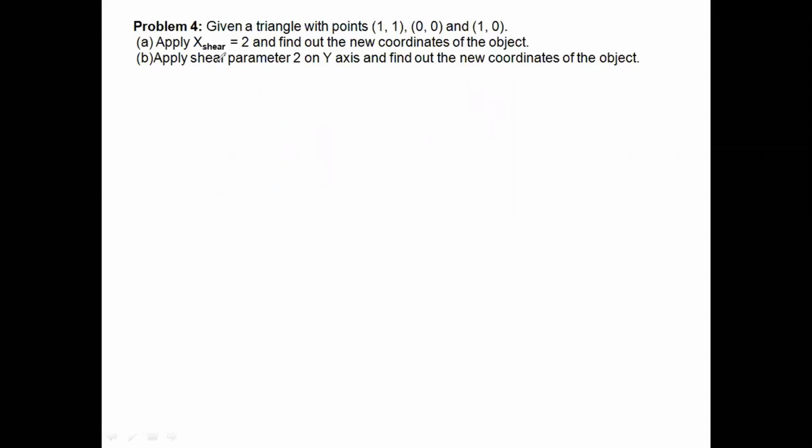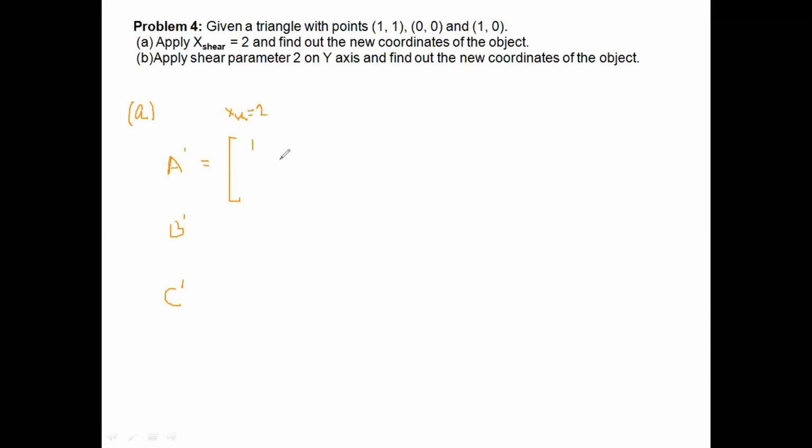Okay, so let's go with the shearing of triangle A. So you will calculate the new points that are A dash, B dash, likewise we did earlier C dash. For this you have to apply the shearing matrix. The shearing matrix will be, we have to perform x shear with 2 units.